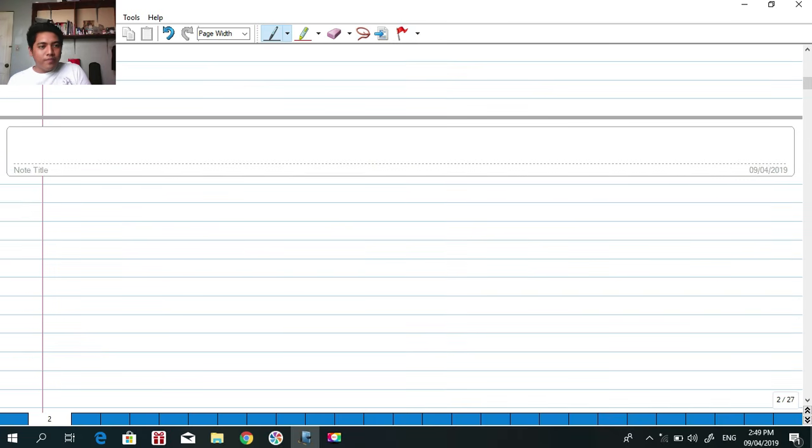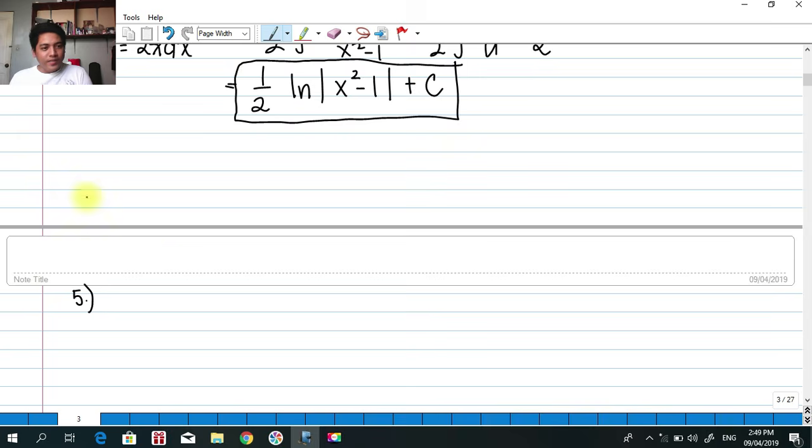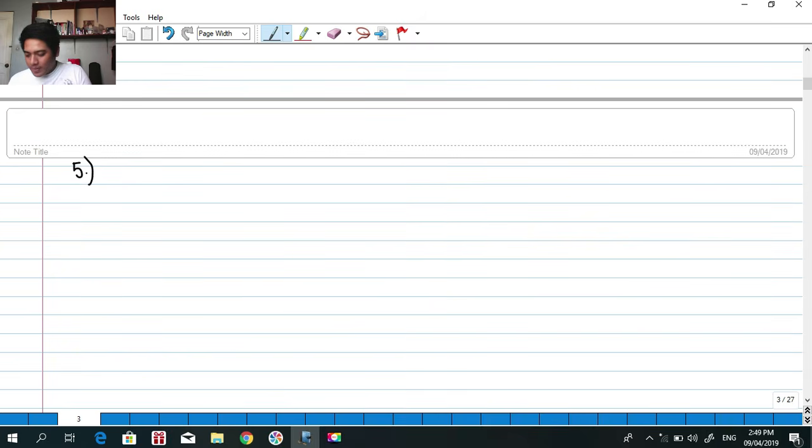So for number 5, I hope you're following what I'm trying to discuss here because that's very important. The integral of x squared dx over 1 minus 2x cubed.